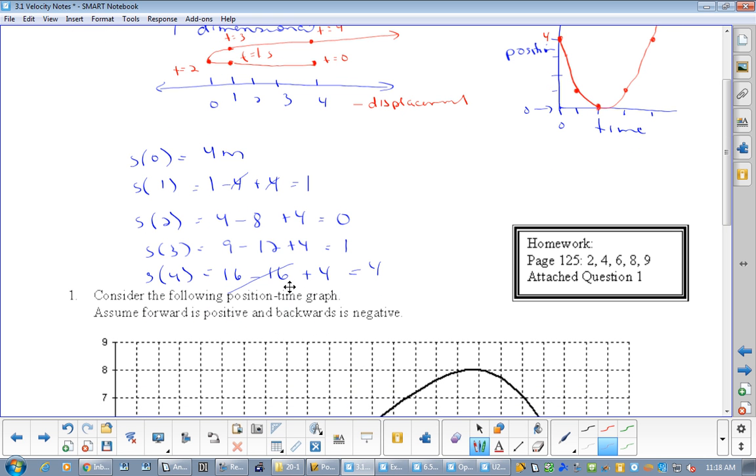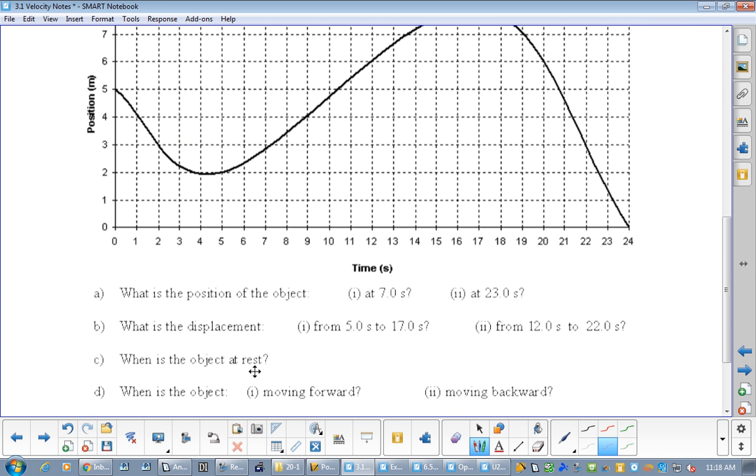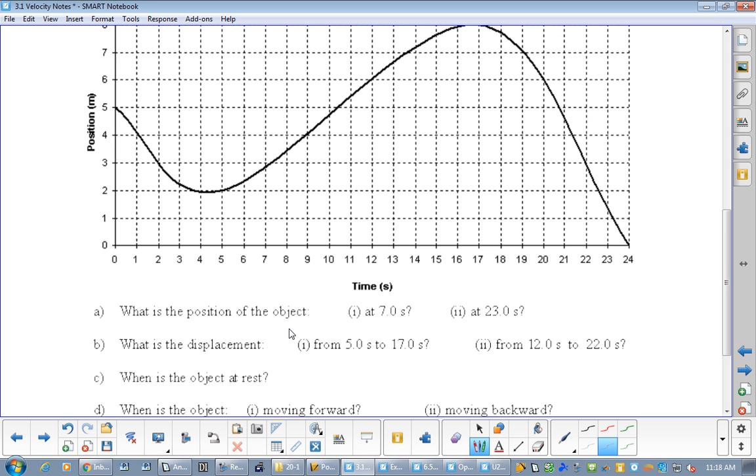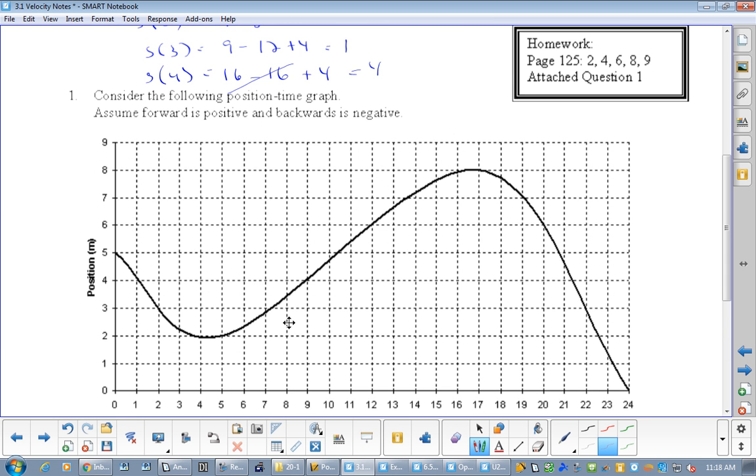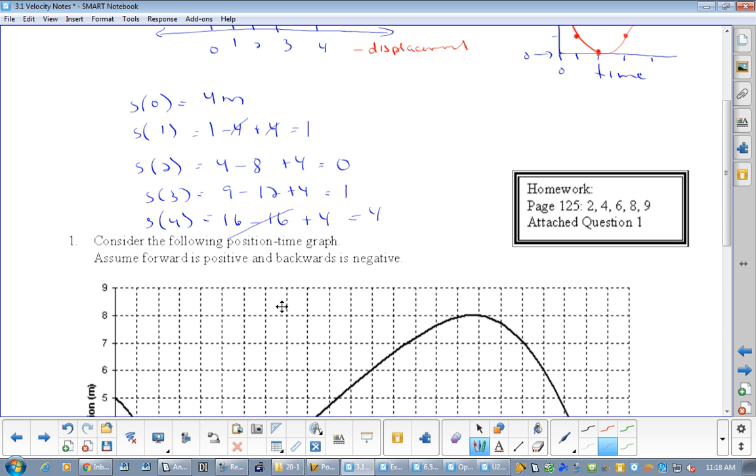Okay, so there you go. There's your homework, and this too as well. Okay, I'm asking you all these questions, and that's just kind of you're reading the graph. You're not using any calculus or anything at all. You're just reading the graph.